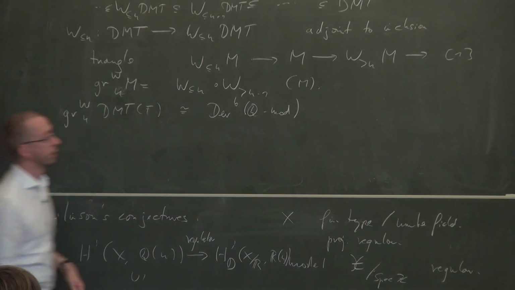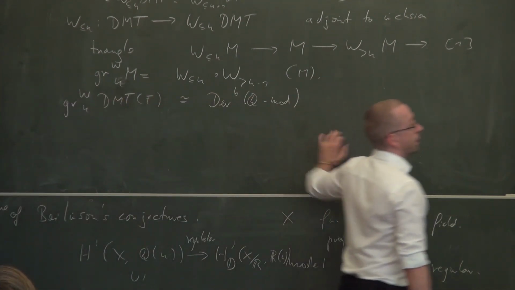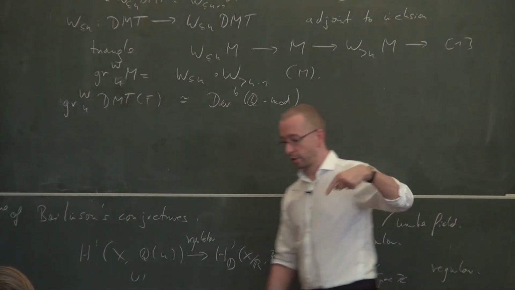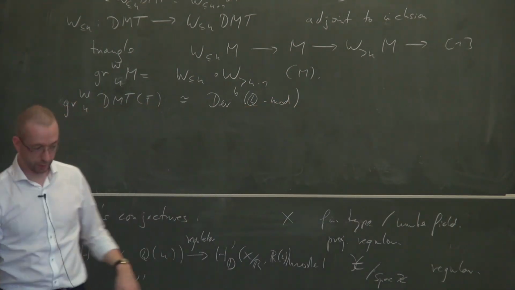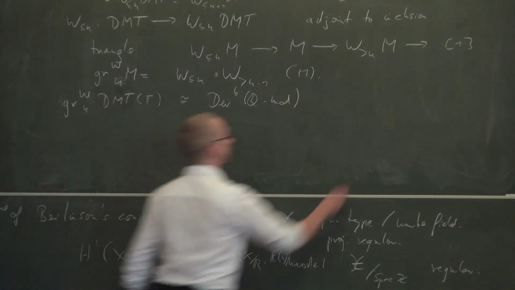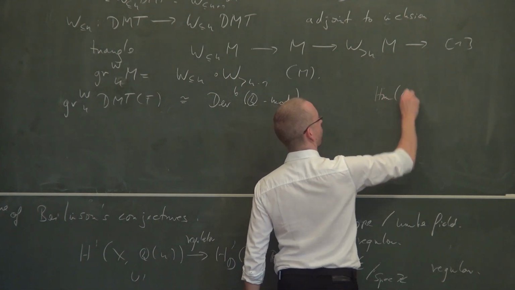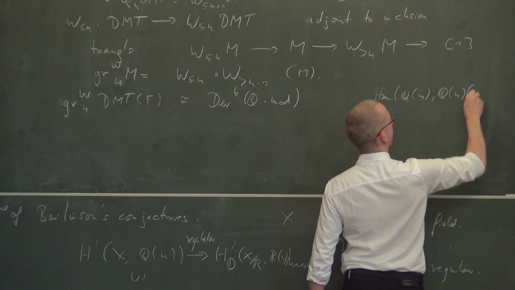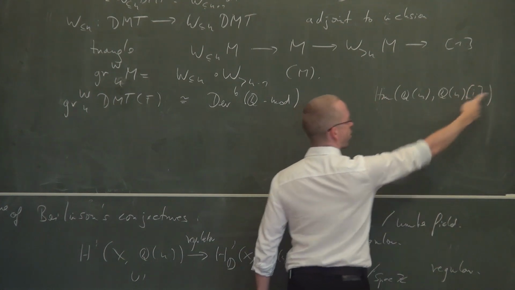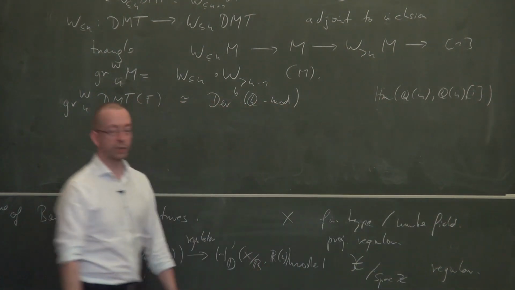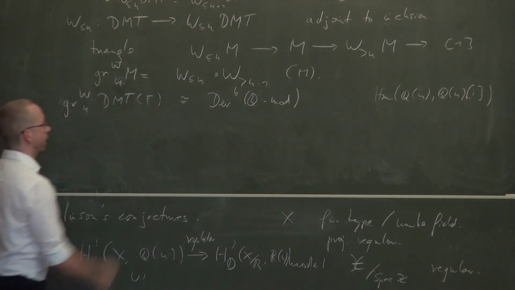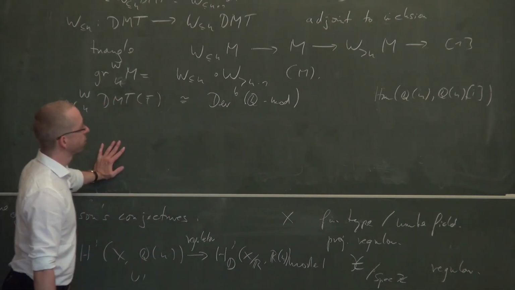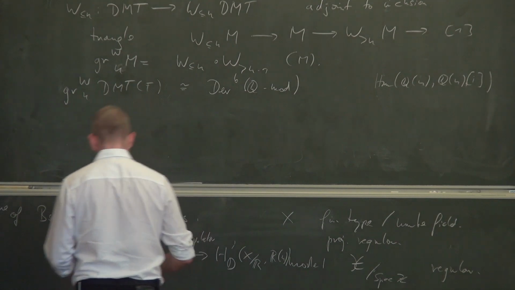Right, essentially because Hom from Q(n) to Q(n)[i] is 0 if i is non-zero, and it's just Q if i is 0. And that's basically how you get this identification with the derived category of Q vector spaces.